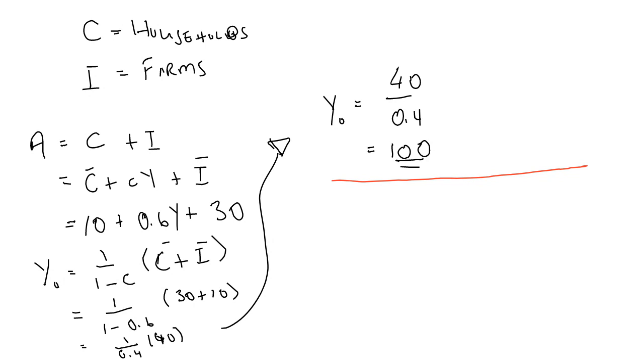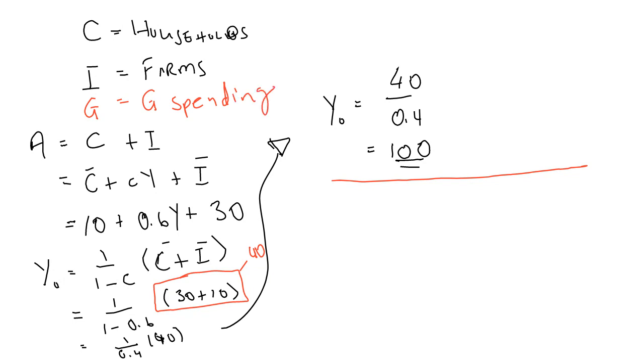Now remember, this was 40 million. But now we're adding government spending, which you guys have indicated is G. Let's put there government spending.